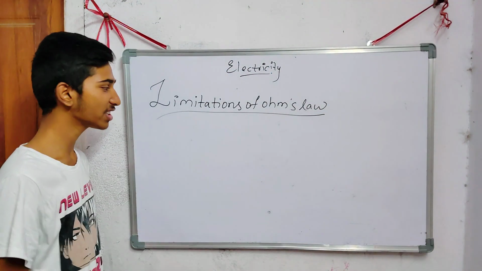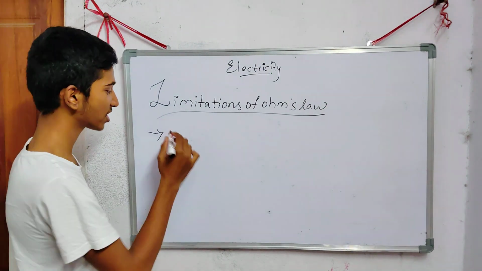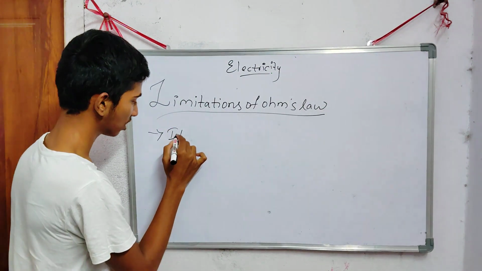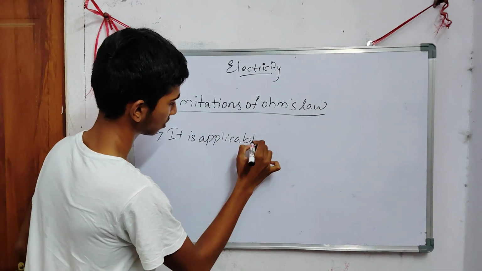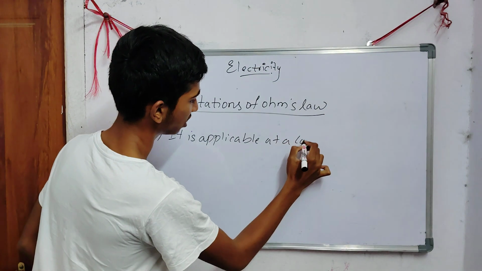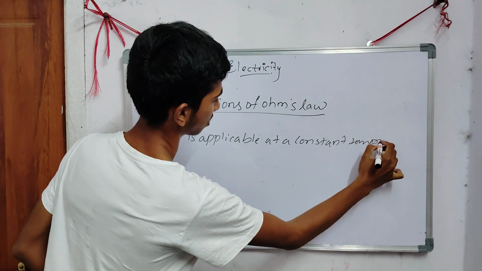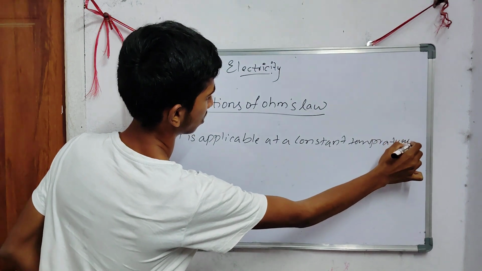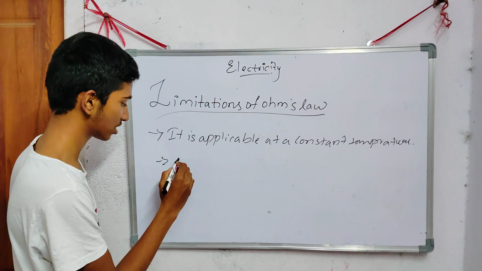Limitations of Ohm's law. What are the limitations of Ohm's law? It is only applicable at a constant temperature, and it is also not applicable to LEDs.